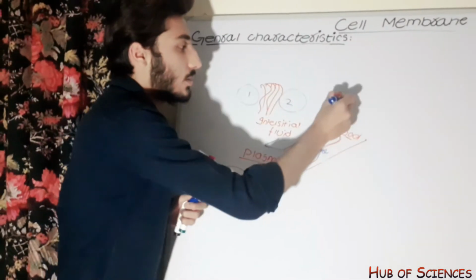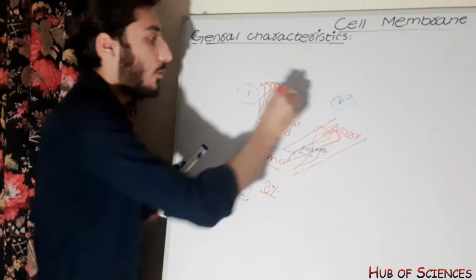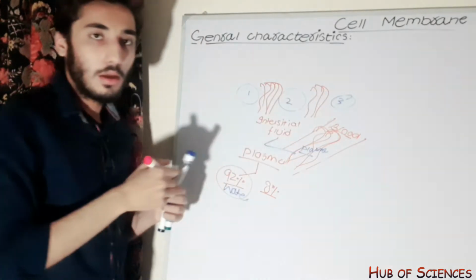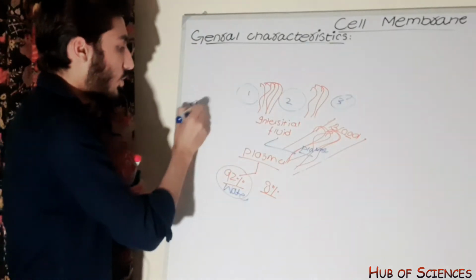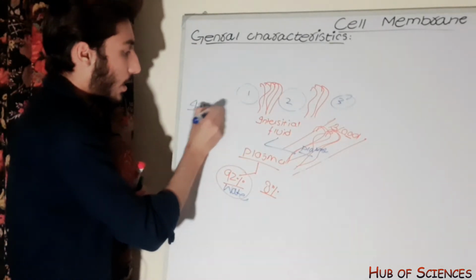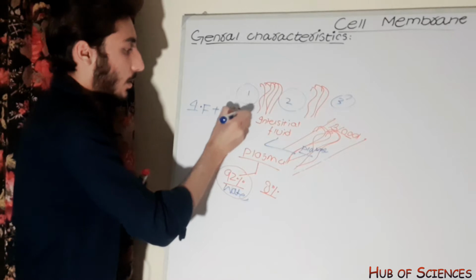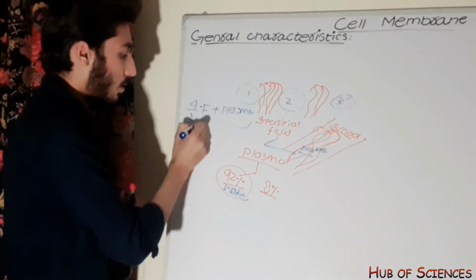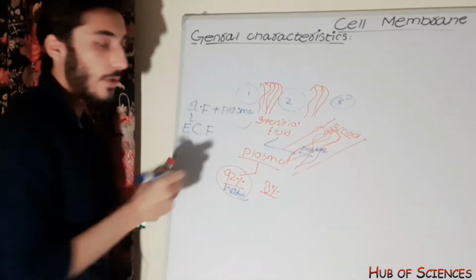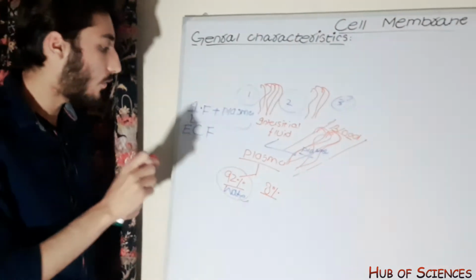If there is a third cell, then there is also a fluid between them. So the interstitial fluid plus plasma of the blood, both are called the extracellular fluid, ECF.